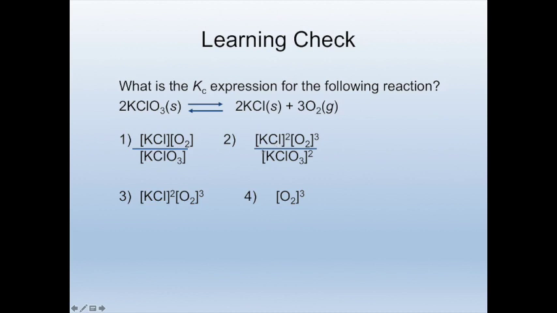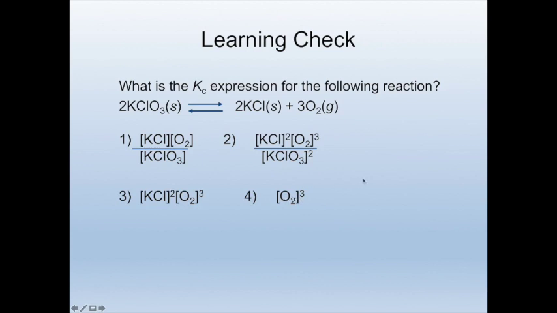The second option is potassium chloride squared times oxygen cubed divided by potassium chlorate squared. The third option is potassium chloride squared times oxygen cubed. And the fourth option is oxygen cubed.